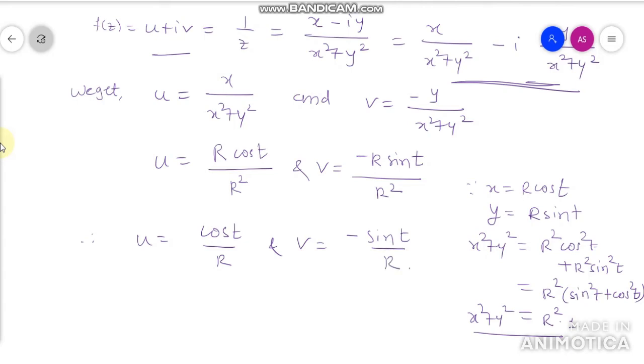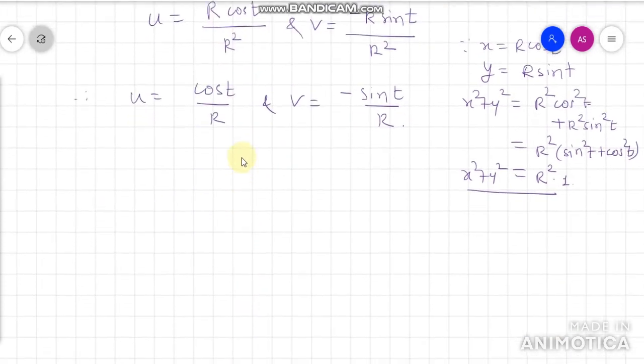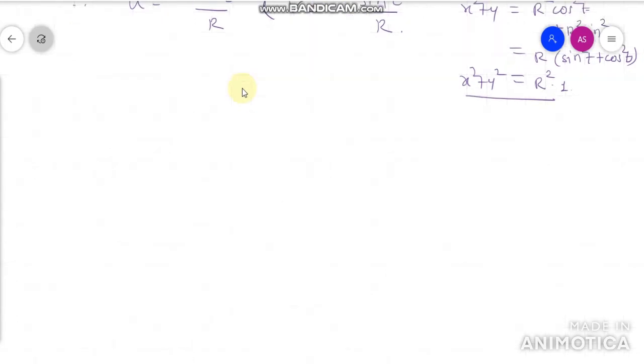Okay, so let us move towards the next step. What is our integral?